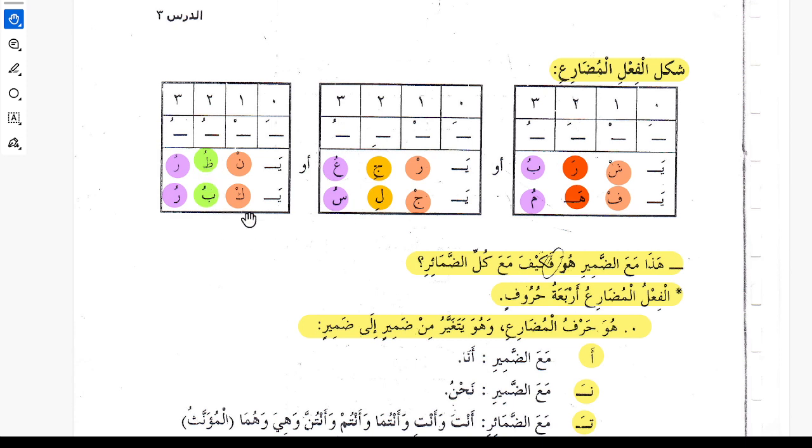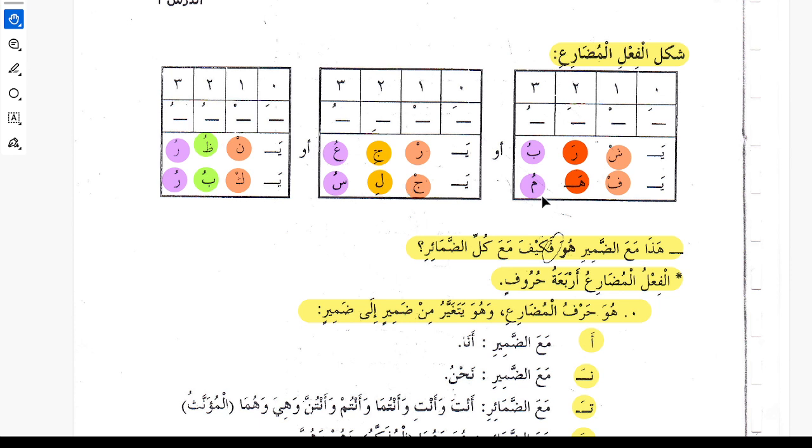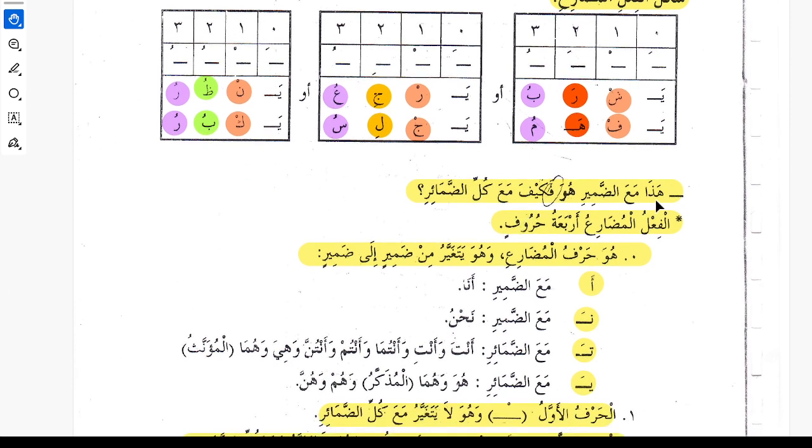Same like the past tense. So there is no rule which one will have which sign. So that is why in the dictionary both past and present are mentioned. So okay, so these are the tables.